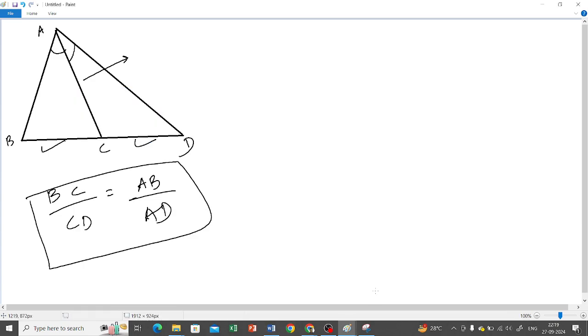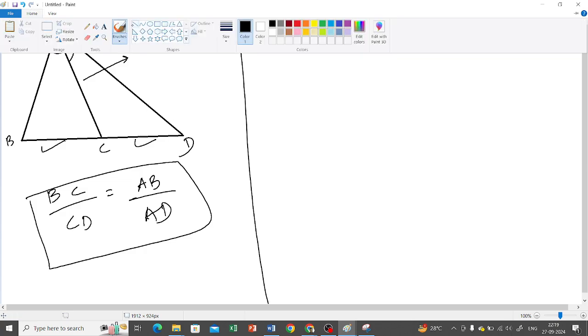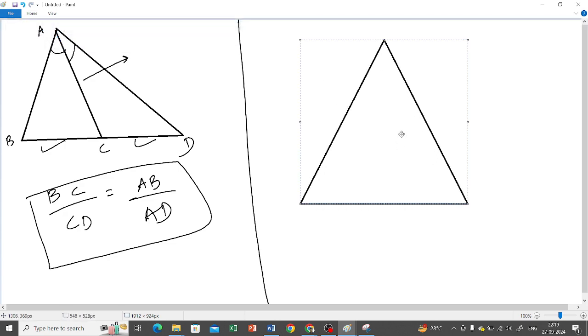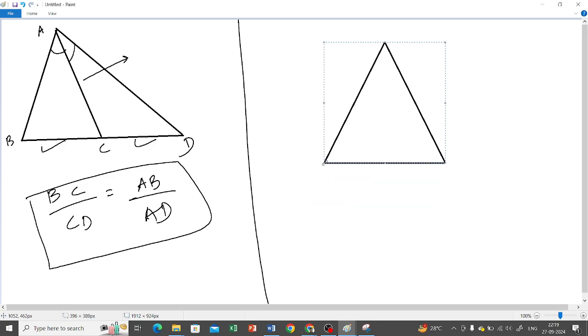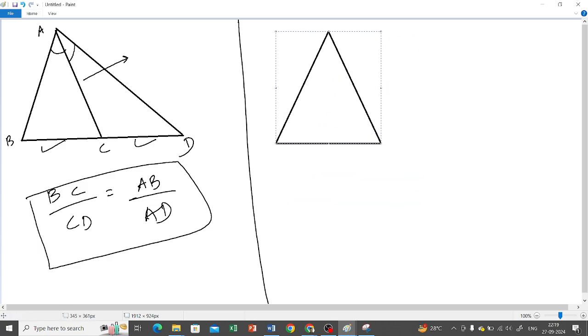MPT, midpoint theorem. Remember, this is not any specific isosceles or any sort of triangle. This is just for drawing a triangle quickly.